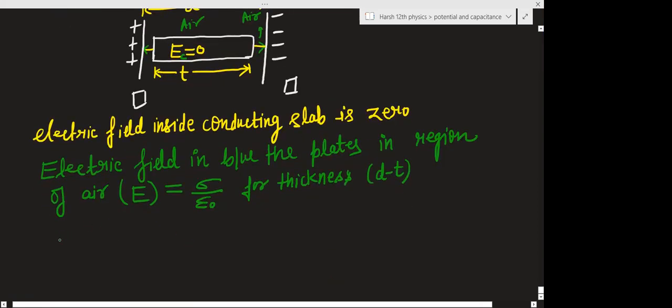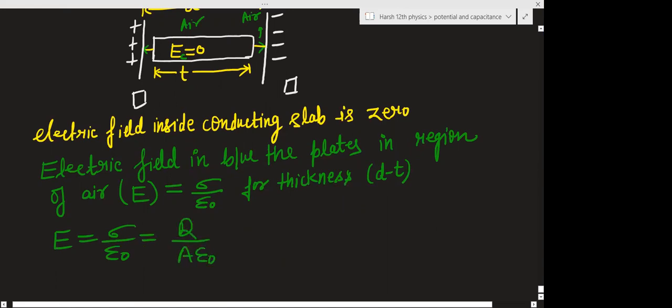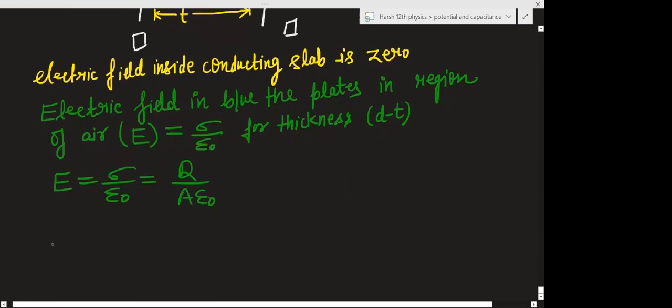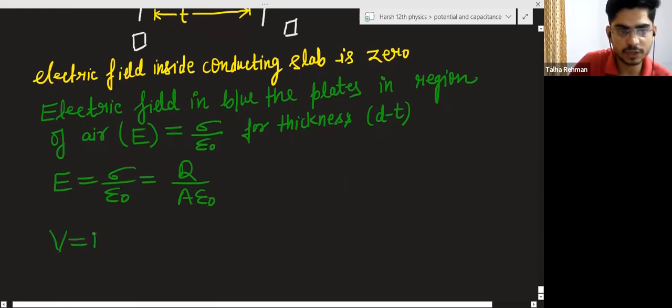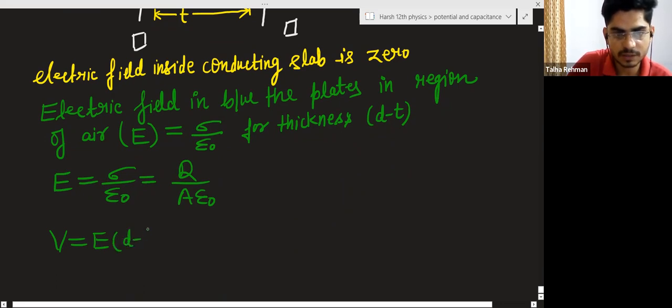Now E is sigma by epsilon naught, and sigma is Q by A. I can calculate V is equal to E into thickness, E into d minus t. Why am I taking d minus t instead of d?